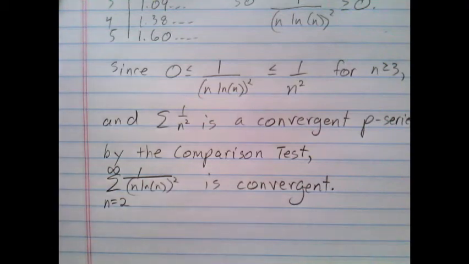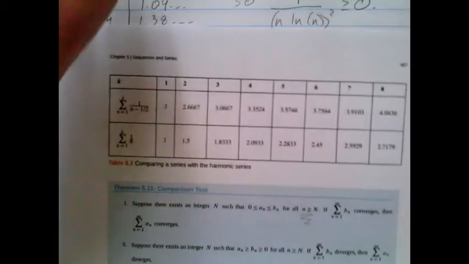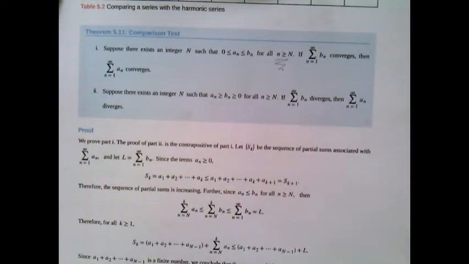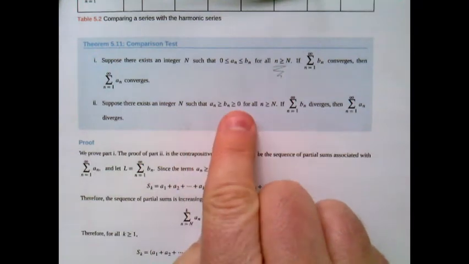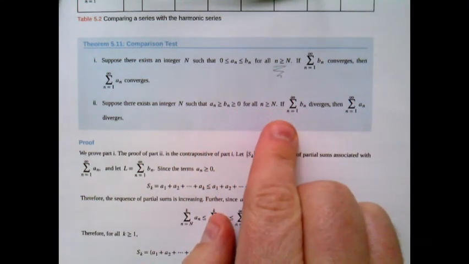Now, let's do some problems that are going to make use of the second part of the comparison test. We haven't made use of this yet, but this is for showing that a series is divergent by showing that its terms are bigger than the terms of a series that we already know is divergent.